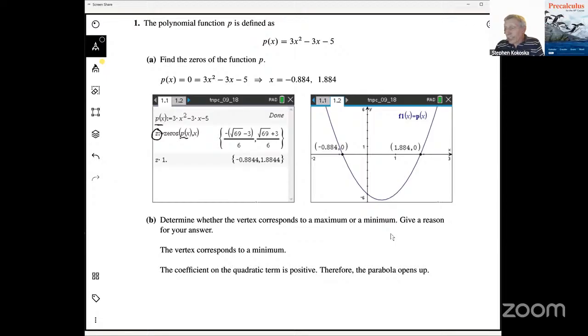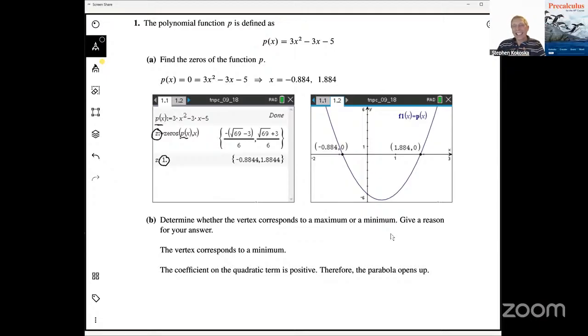And so I just did a quick trick here and took that list Z and multiplied by 1. You might be able to see that little decimal after it. That's a way that I use here to convert values in a list into decimals. So there are two of them, I think minus 0.884 and 1.884.